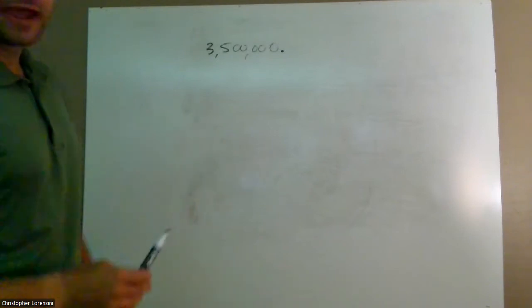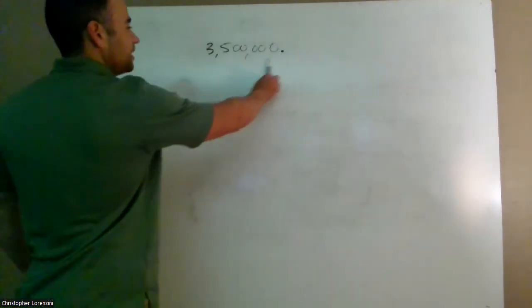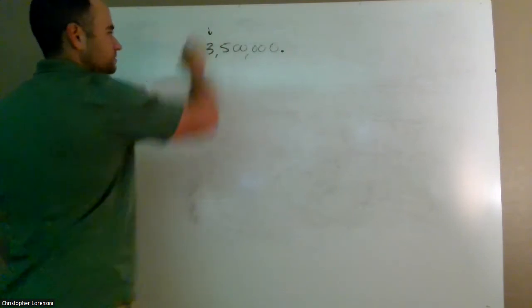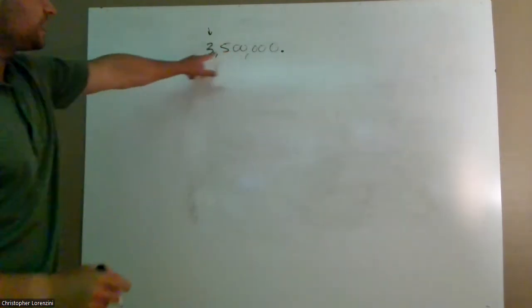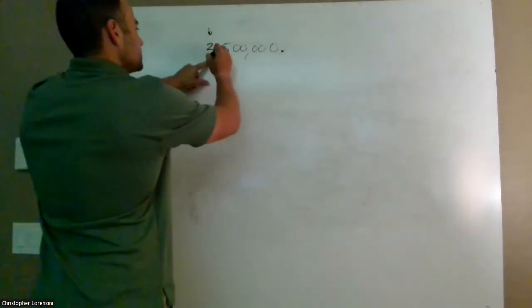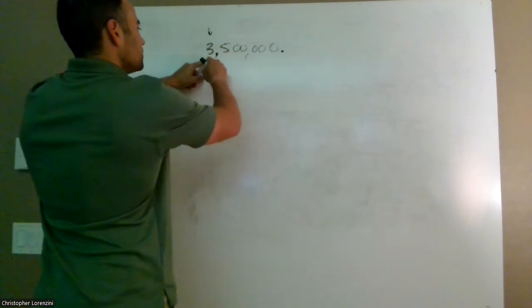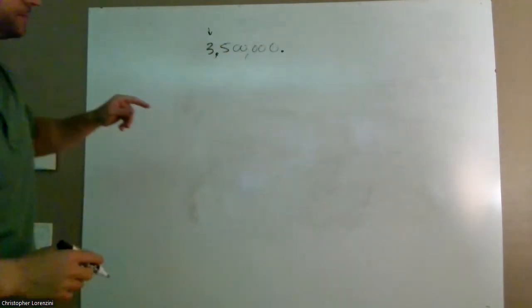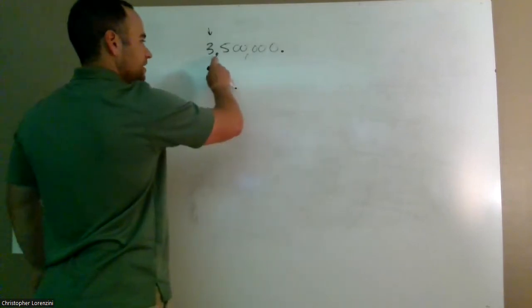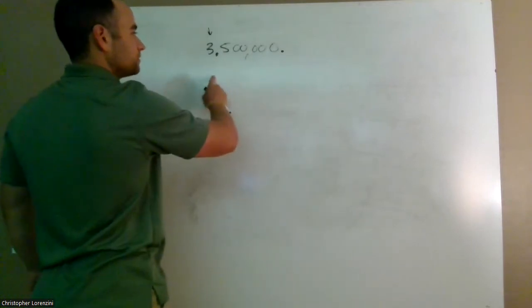The answer to that is always find the leftmost non-zero digit. In this case, the leftmost non-zero digit is the 3. And then that decimal place needs to go just to the right of that number. So the decimal place is currently here, and it needs to go right here.